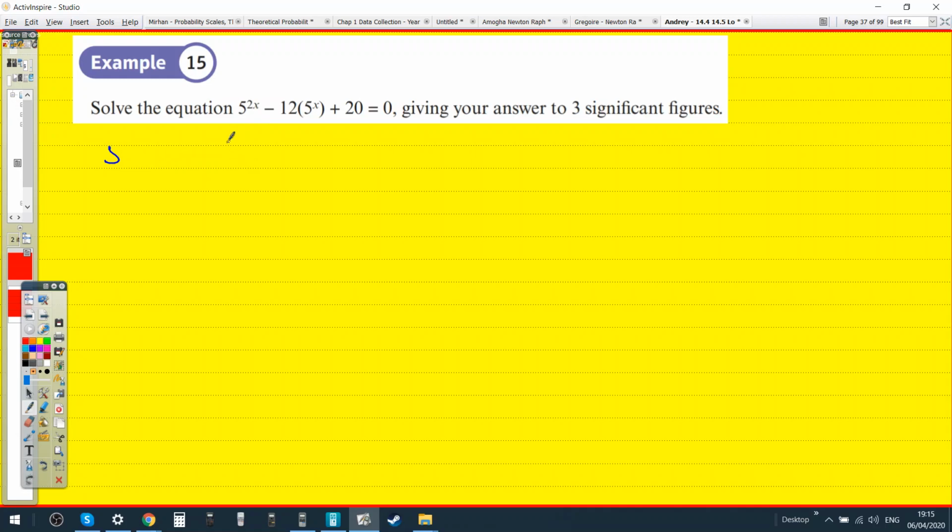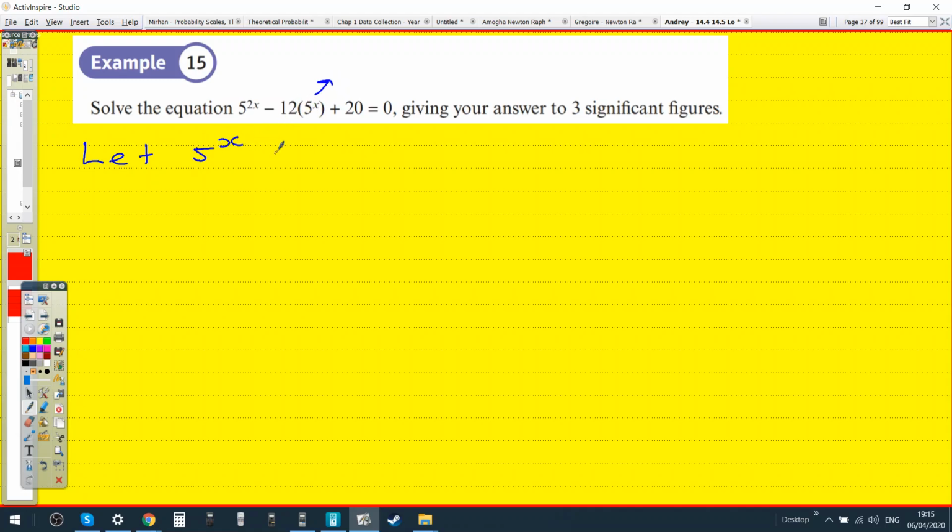I see what the problem is. So let what be equal to what? I'm not entirely sure. So you have 5 to the x here.